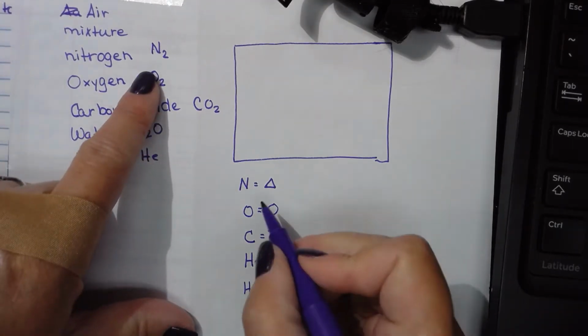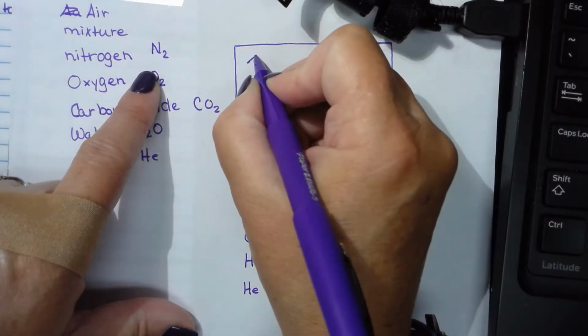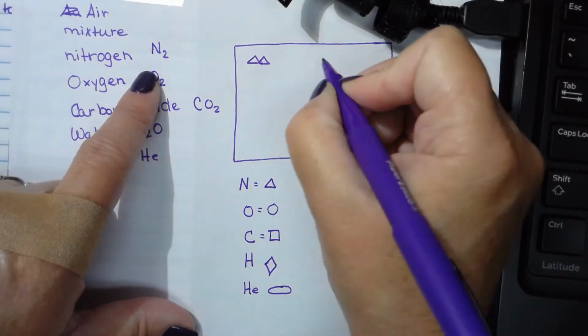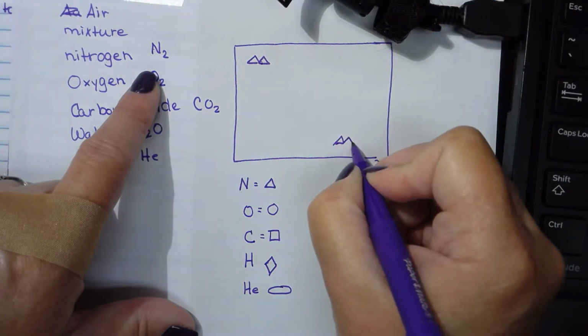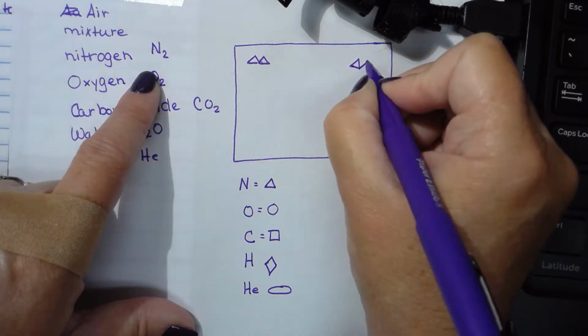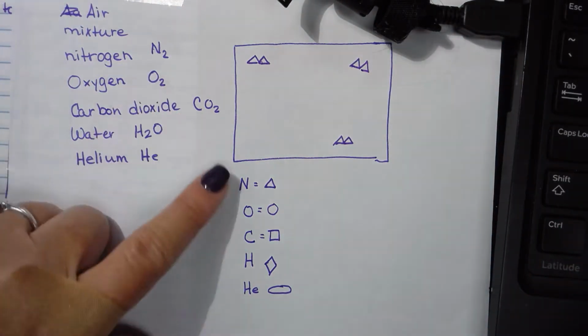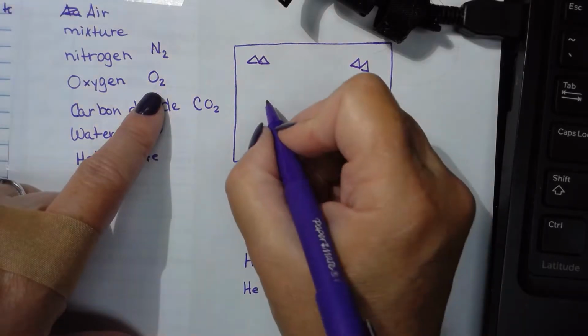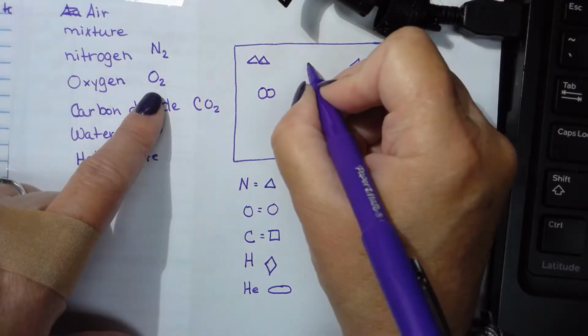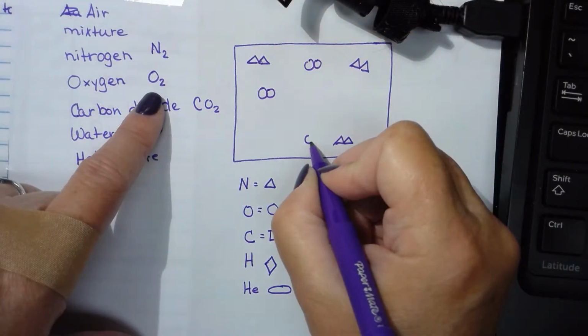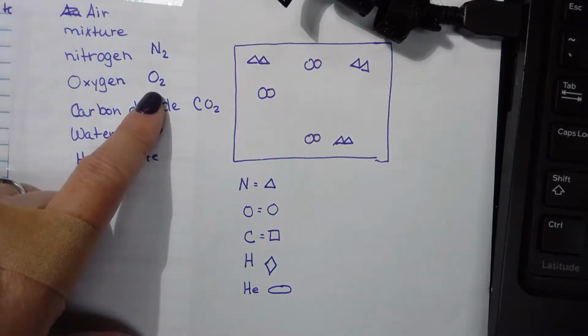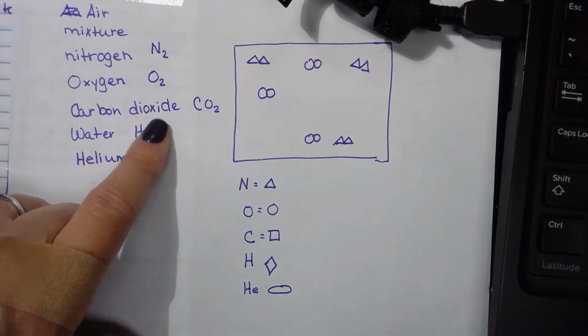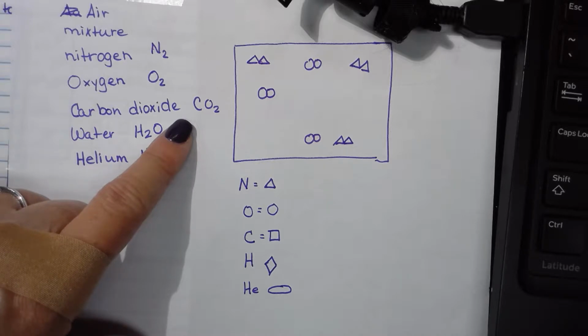Each nitrogen is N2, so that would be represented like this, with two triangles connected or bonded together. Oxygen is O2, so this would be represented as two oxygen atoms bonded together. CO2 is going to be carbon, so a square plus two oxygen.